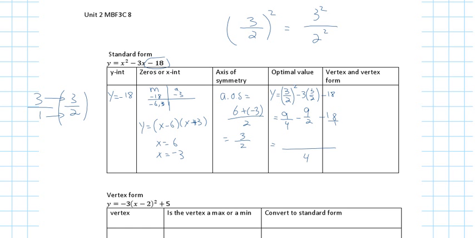How about this one? Multiply by 2 to make it 4, right? So anything you do to the denominator, you do to the numerator. How about this? Multiply by 4.